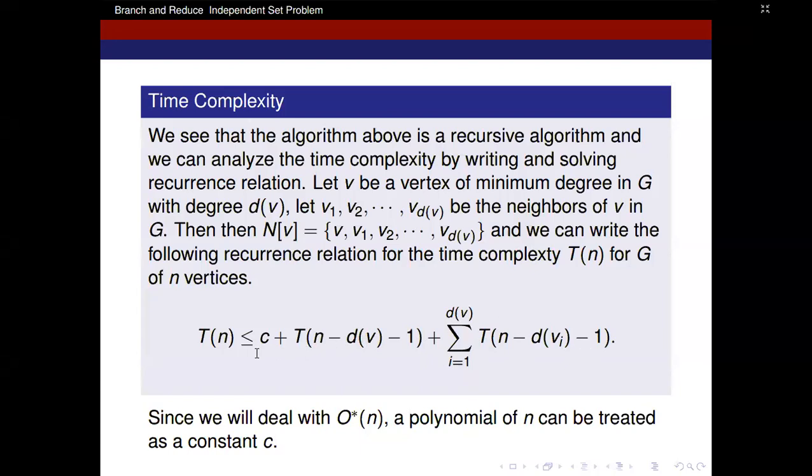And actually this part C, we feel this is a constant, but here we are using a different notation for time complexity, in which a polynomial of n is also treated as a constant. This is the O star notation. I have explained it in the first classes related to exact algorithms.